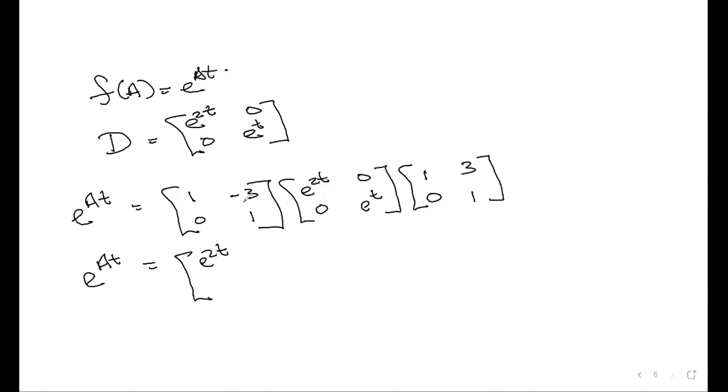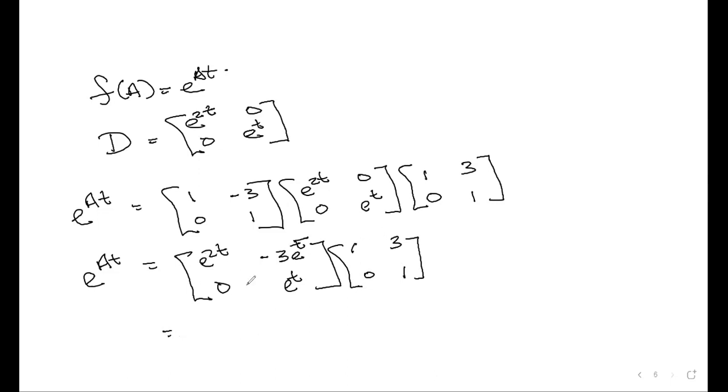So over this side is minus 3e to the t. 0 times e to the 2t is 0. 0 times 0 is 0. And plus e to the t. So that's e to the t.